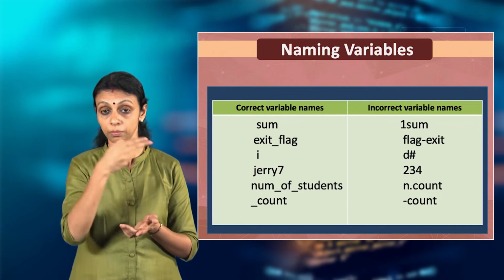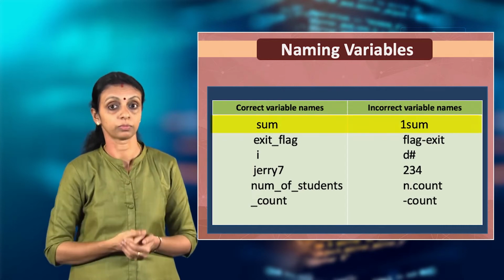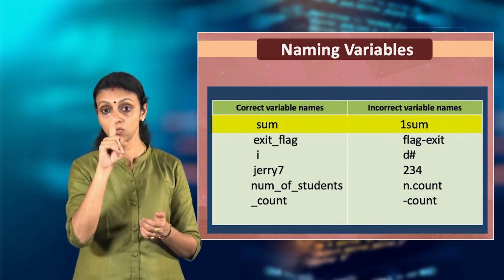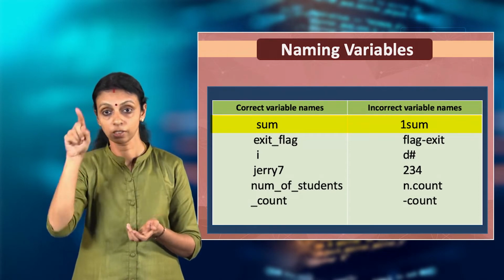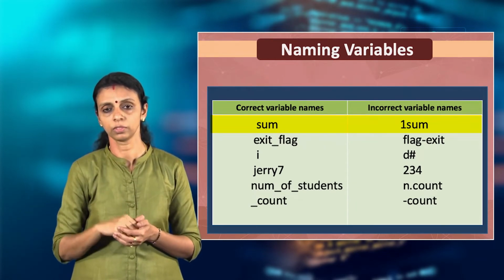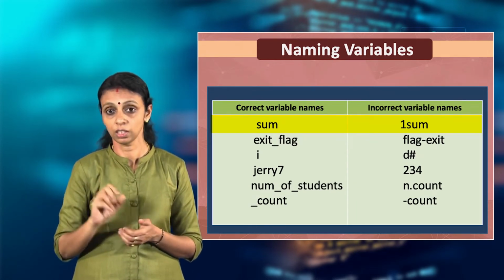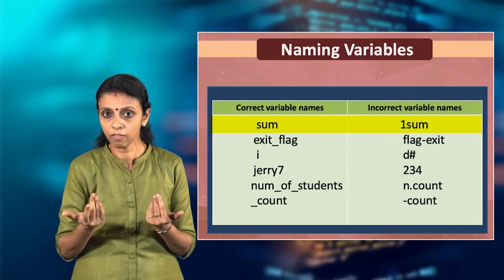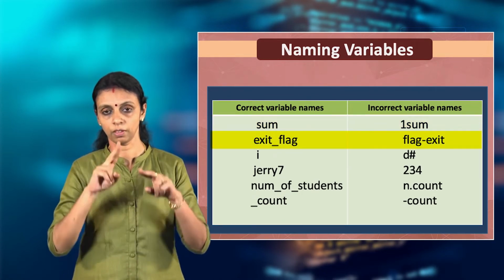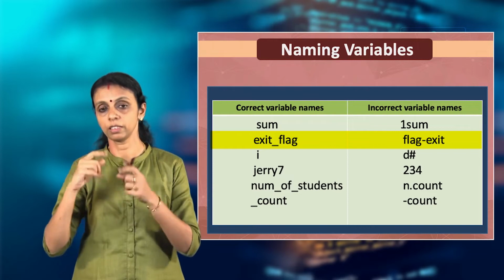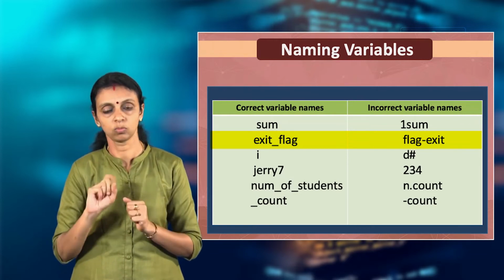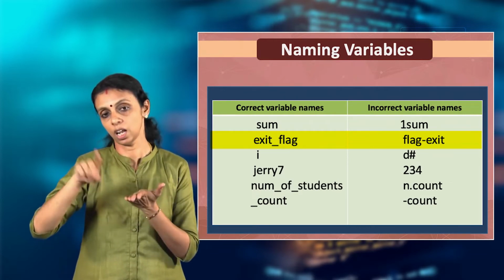Consider these variable names. 1sum is not a correct variable name. Why? You can't start a variable name with a number. Flag-exit: the hyphen symbol is not allowed.